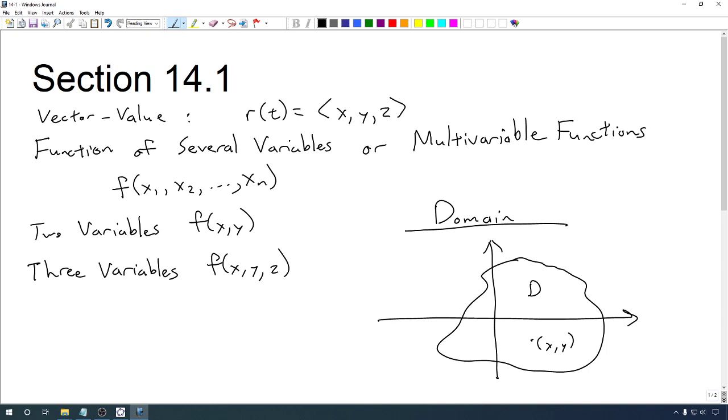If we're working in three variables, instead of having this flat thing, we'd have a blob in three-dimensional space. And I'm drawing them as blobs, but they don't actually have to look like that. They could be very different, so let's look at some examples of such things and see what the possibilities are.